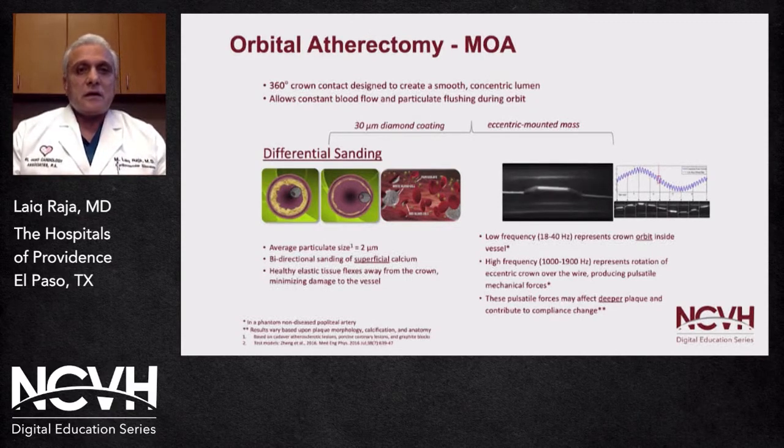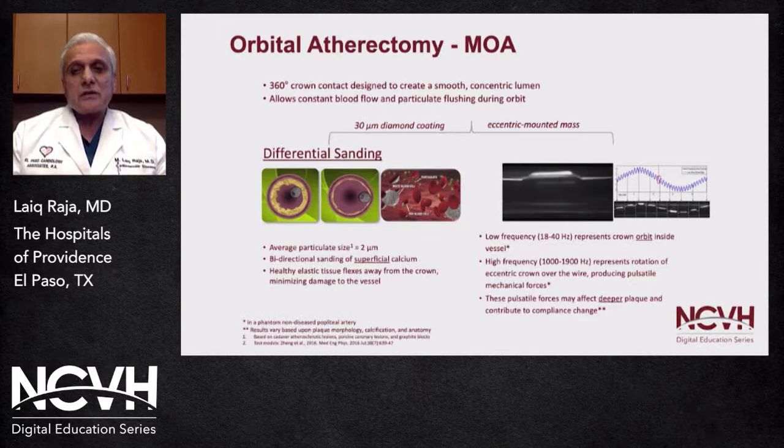So today I'm going to talk about one of those atherectomy devices which has been used for calcified plaques, orbital atherectomy. So there are certain characteristics of orbital atherectomy. On the right side, you see this animation. You see that the crown is built eccentrically to the wire. The purpose of this is that as the RPM or the speed increases, it goes and cuts more and more.